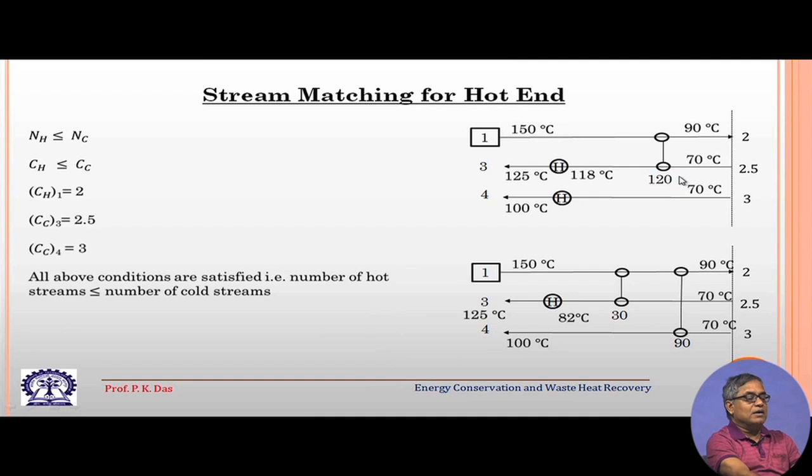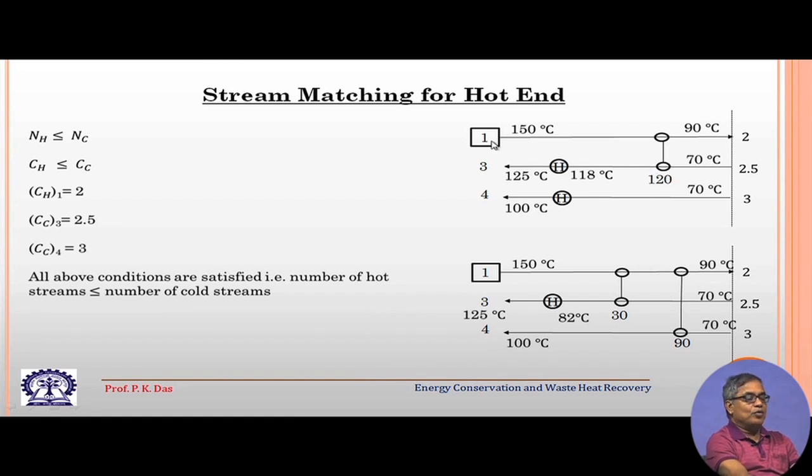So, what can we think of? We can think of a match between stream 1 and stream 3. With this kind of match, 120 will be the amount of heat exchange in this heat exchanger.